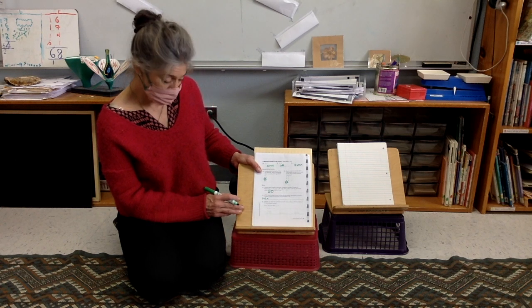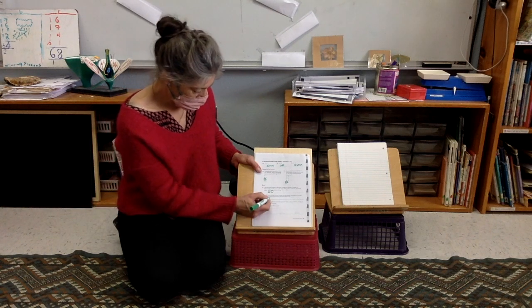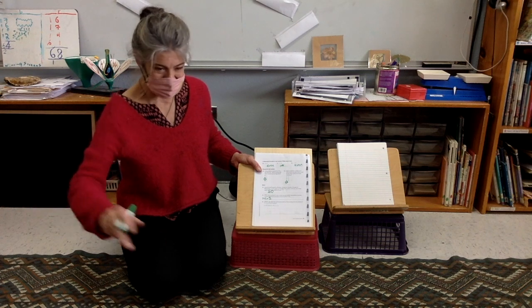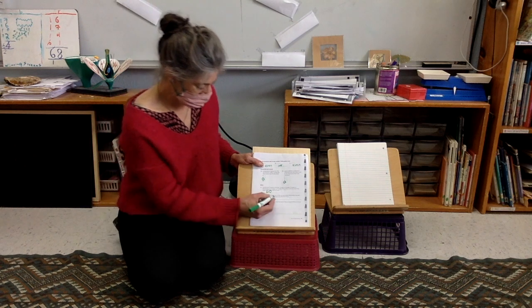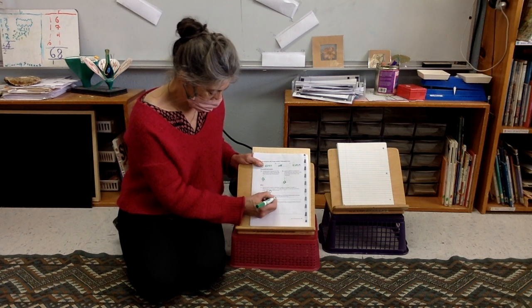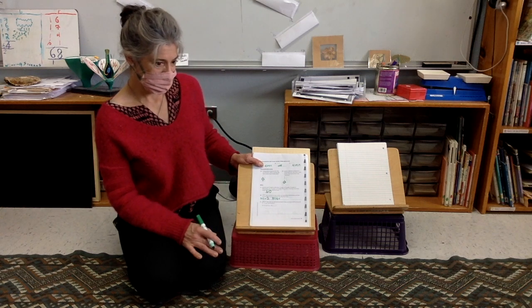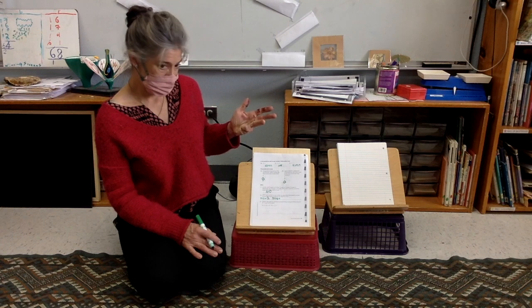What's our product? Okay, somebody else. We're going to let somebody else do the next one. Griffin. 8 times 4. And it is 4, 8, 16, 32.